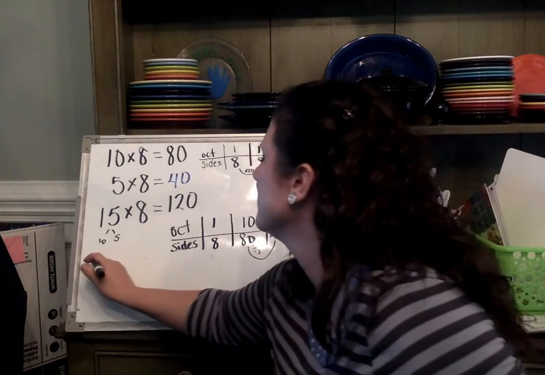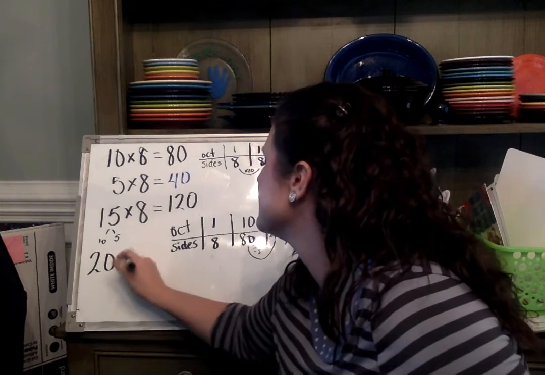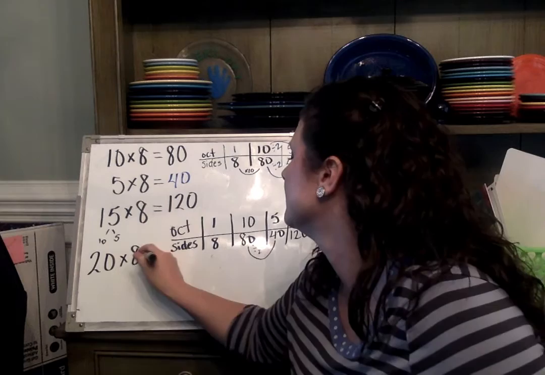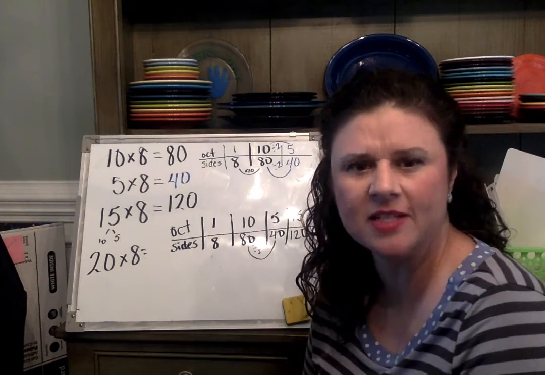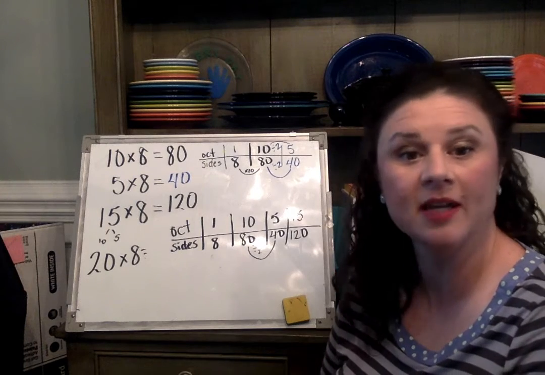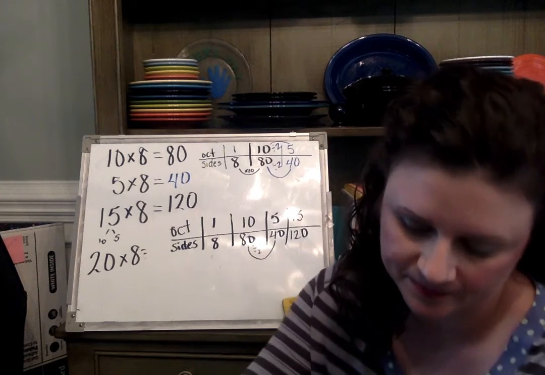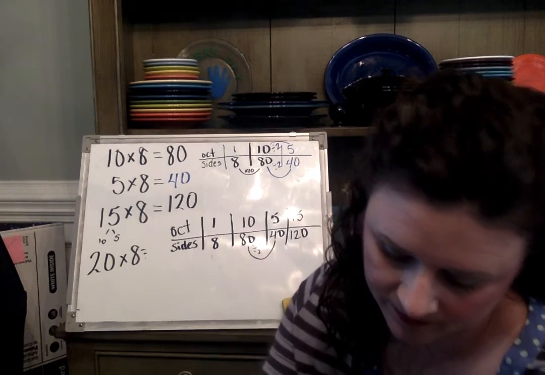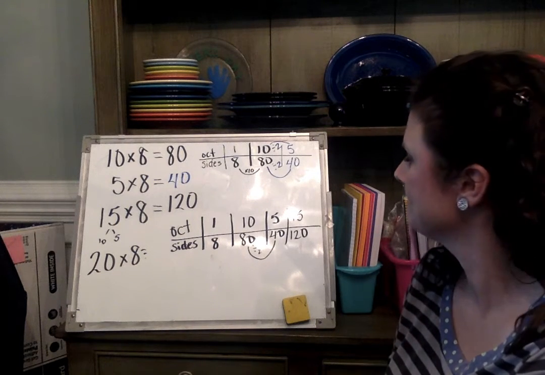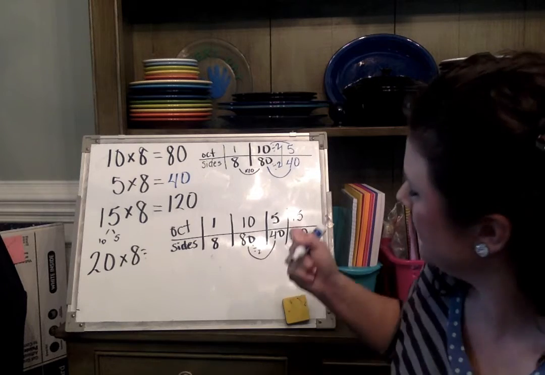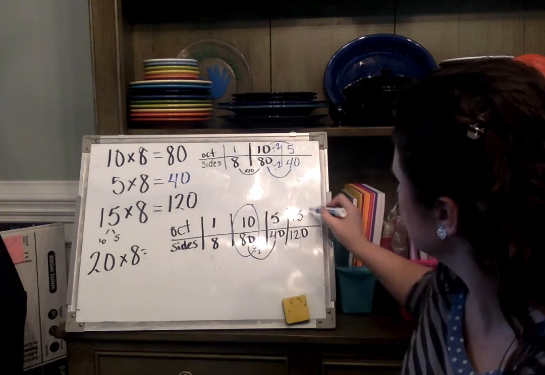Let's step it up one more. What about 20 times 8? I want you to think mentally, how could you solve this using partial product? Think about what we already know here. I already know 10 times 8.